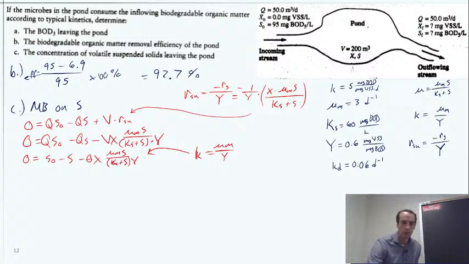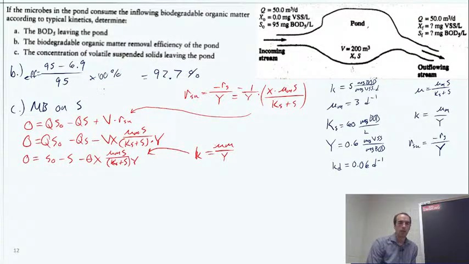So we're going to solve for X, and we can say 0 is equal to S naught minus S minus theta X times this K, which will come to the top. It'll be K times S divided by KS plus S.